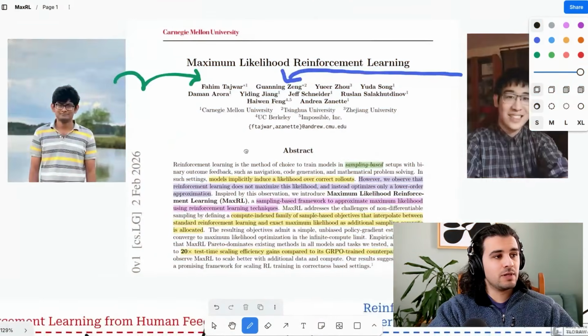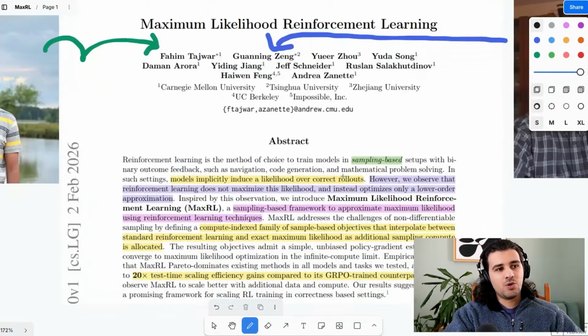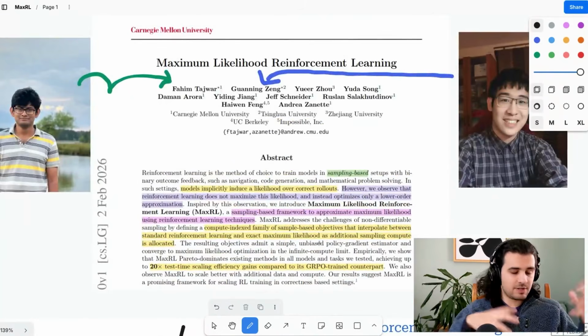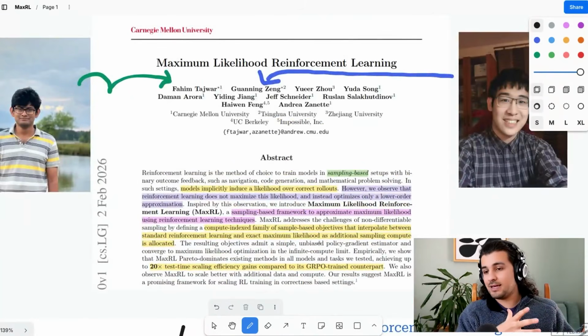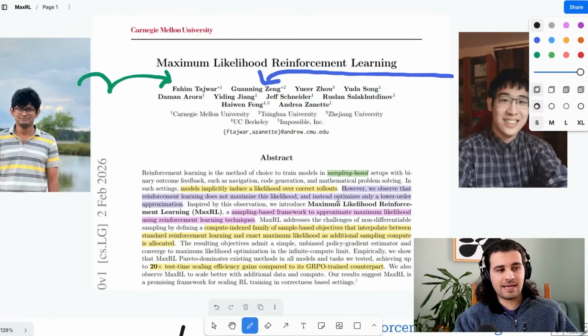So these are the 2 guys, Fahim and Guanning. The whole idea here is that it's a convergence of multiple things that have been plaguing reinforcement learning with verifiable reward. This whole paper is trying to get to the maximum likelihood reinforcement learning paradigm.